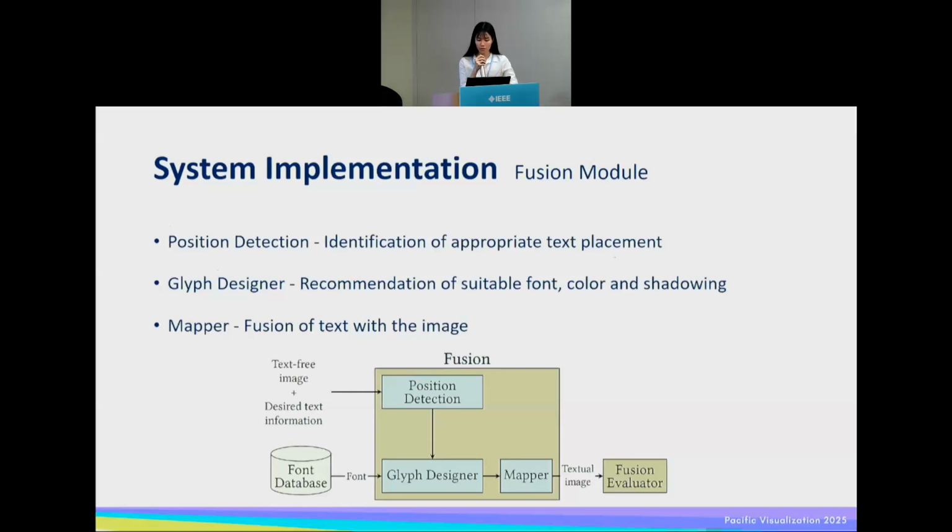After we have the parameters of the text position, we will send them to the Glyph Designer, and it will choose the font from our font database, and also recommend the suitable font size, color, and shadowing. Then we will send all the parameters to our mapper so it can fuse the text and image together.